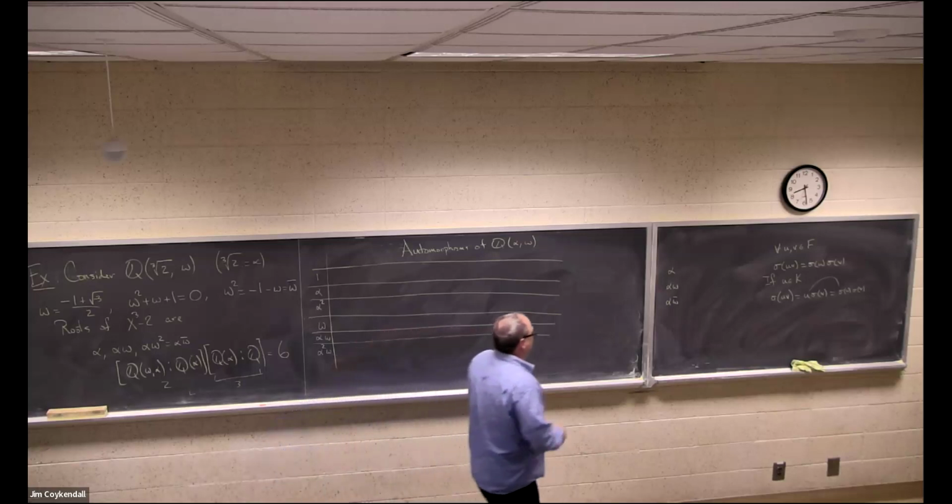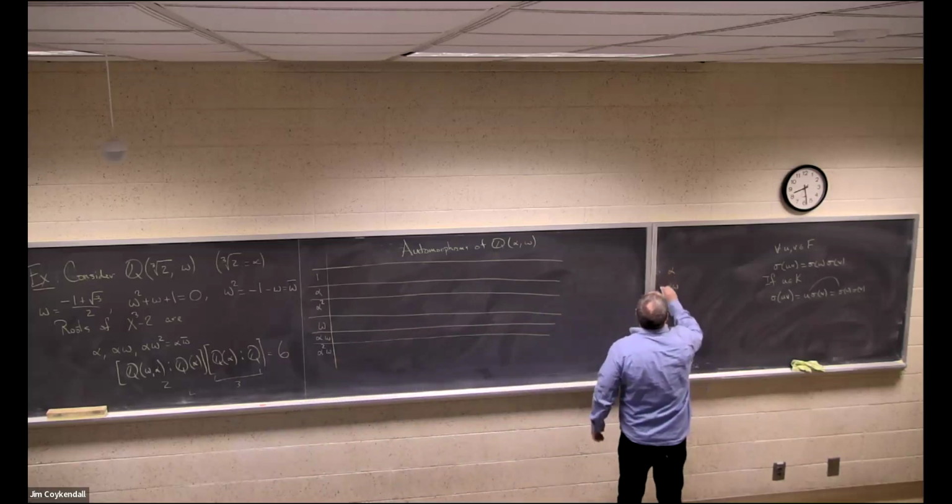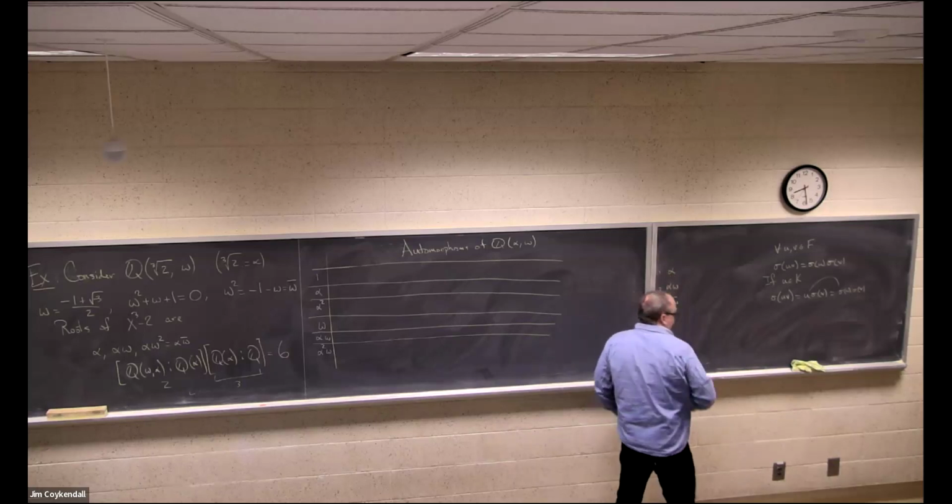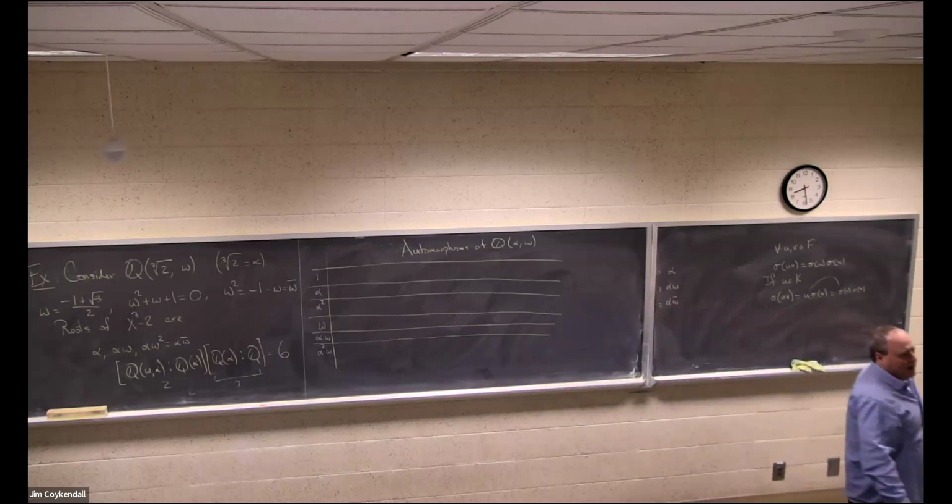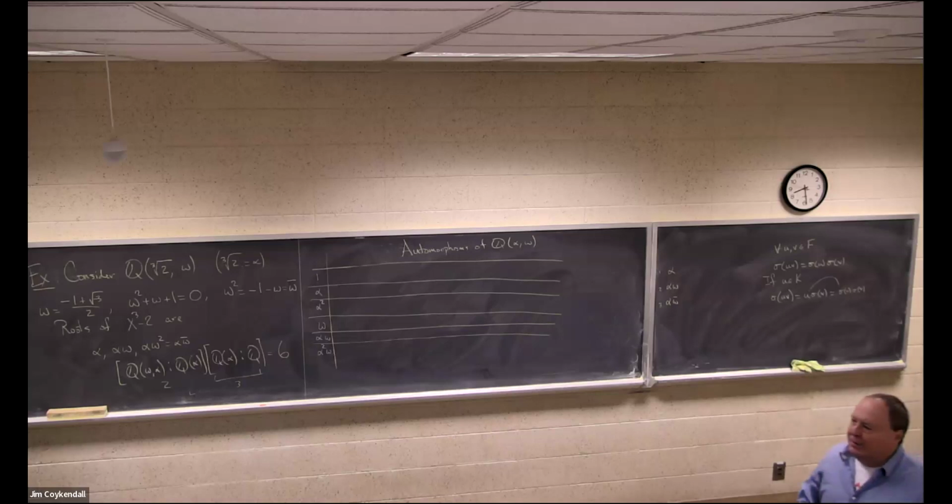All these roots, just a shortcut: this is root 1, root 2, root 3. Somebody tell me why the Galois group of this field extension, the number of automorphisms in this group, is no more than 6.